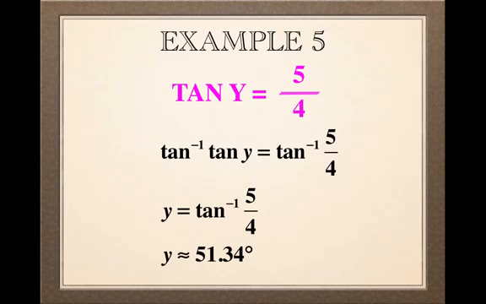On the right side we get the inverse tangent of a fraction, 5 over 4. Please be sure to put that fraction in parentheses when you type it into your calculator. So it should be inverse tangent, parentheses, 5 divided by 4, close parentheses. And if you do that correctly, you should get about 51.34 degrees. Don't forget the degrees. It's a unit.